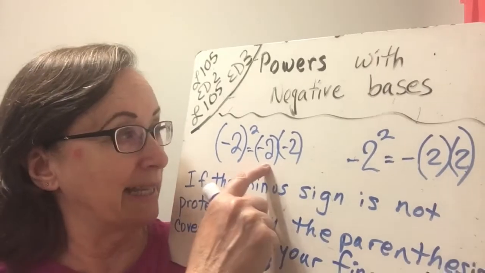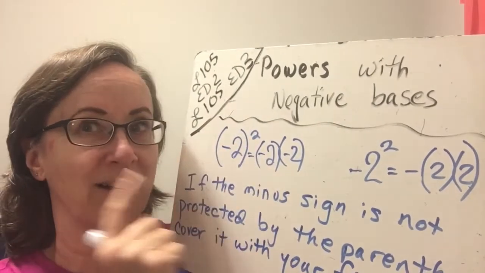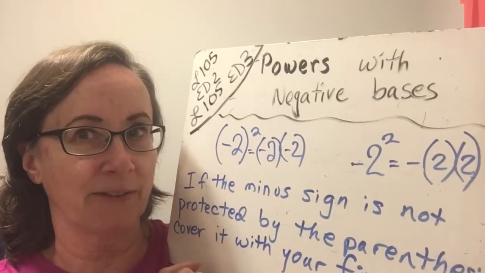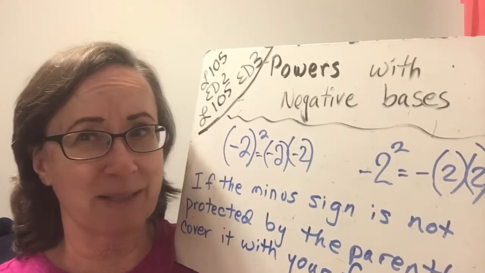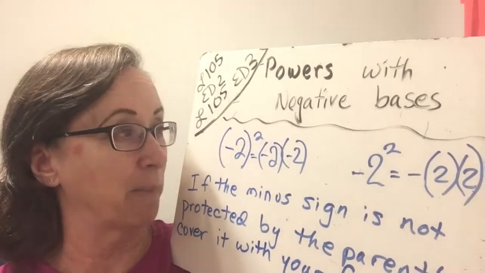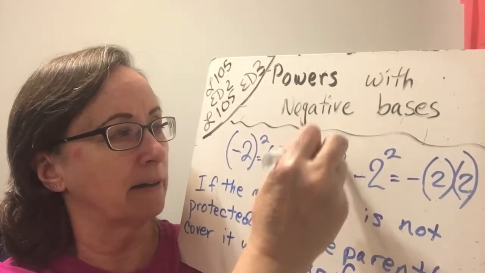Because the -2 is in the parenthesis and the square is outside, that one really means -2 times -2. And remember, when we have a negative times a negative, we end up getting a positive. So this is a positive 4.